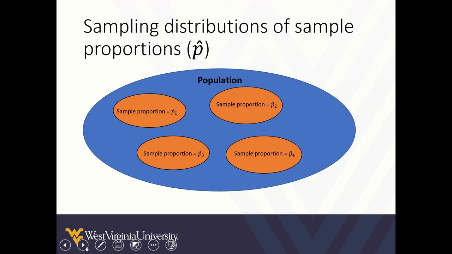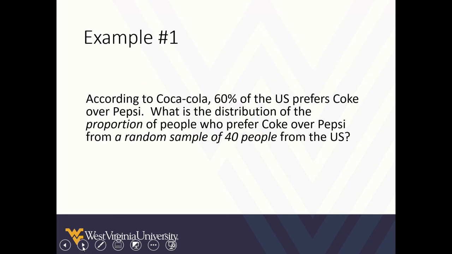And to have this visualization idea of pulling entire samples, let this blue circle be the entire population. And what we do in order to get our p1 hat, p2 hat, p3 hat, and p4 hat is we take whole samples from the population to represent the entire population.